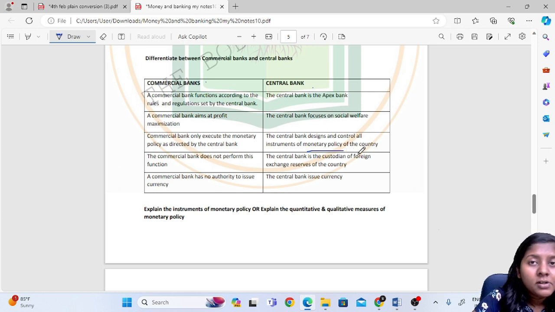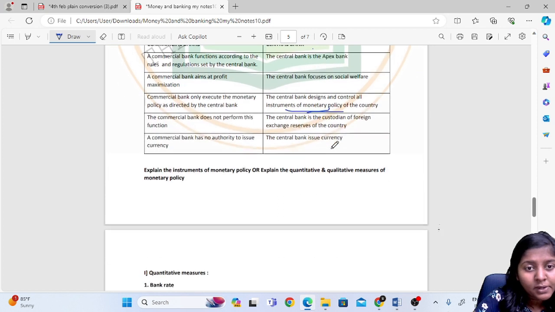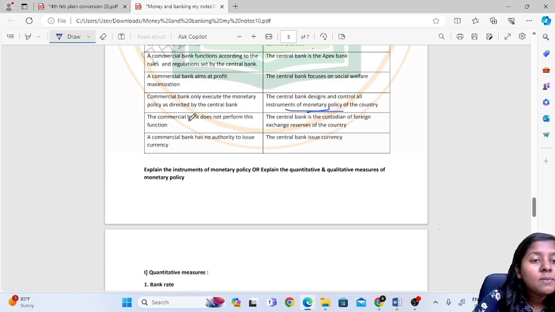Further, we will be studying the different instruments of monetary policy. The commercial bank does not perform this function. The central bank is the custodian of foreign exchange reserves of the country.